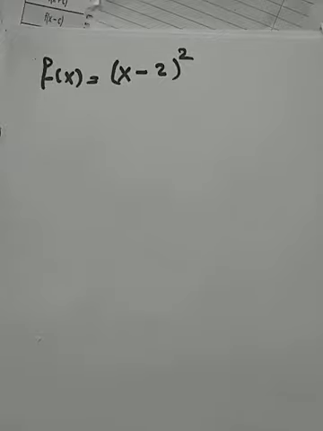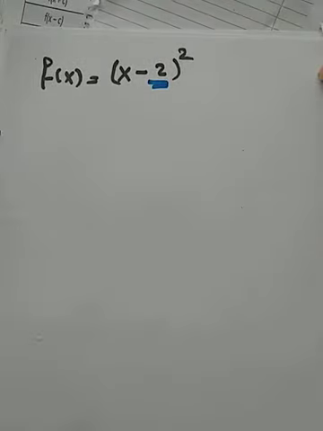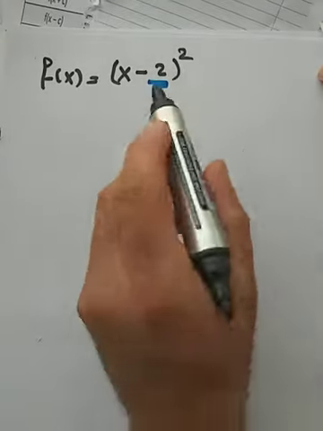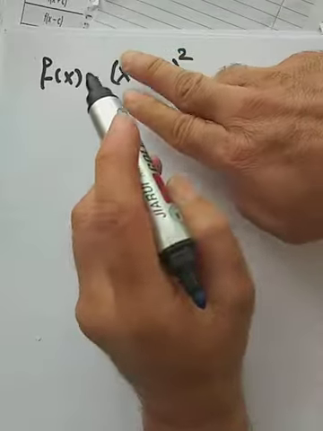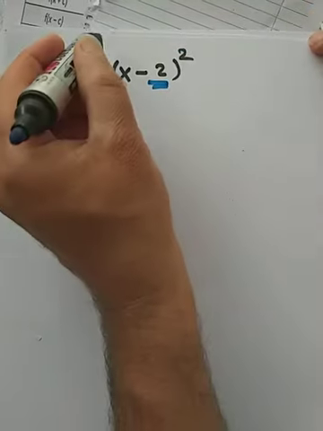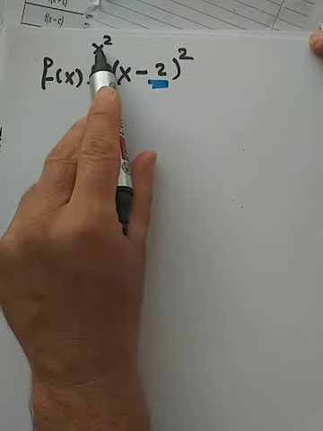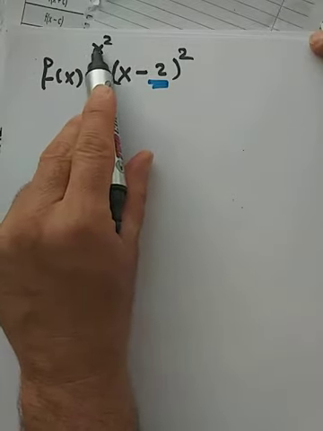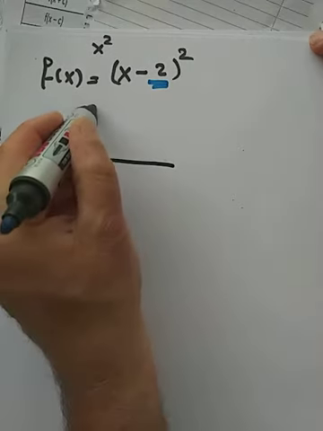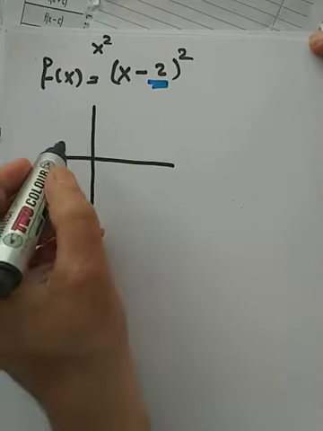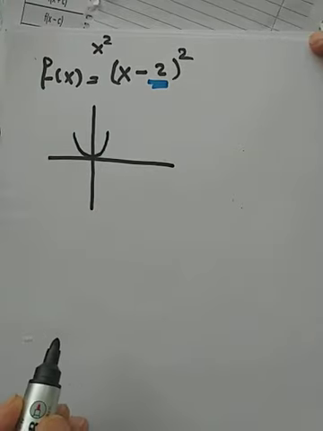Now we have a number inside the bracket. That means we move the parent function, which is x squared, 2 units to the right. This one is the graph of x squared, a parabola.